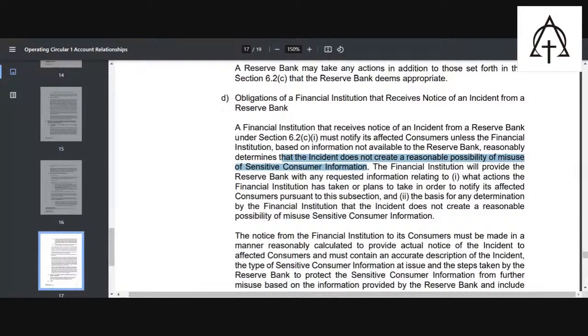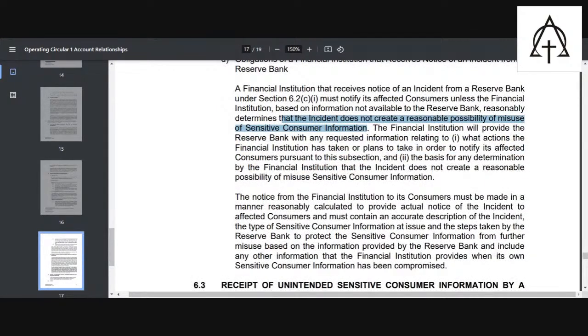This is a matter of repentance and forgiveness, and it's supposed to be inherent within the system. Their entire set of laws is based on Scripture and the processes therein, including the administrative process expressed in Matthew 18, verses 15 through 20. The financial institution will provide the Reserve Bank with any requested information relating to 1.